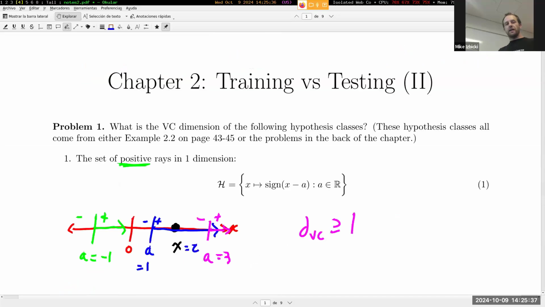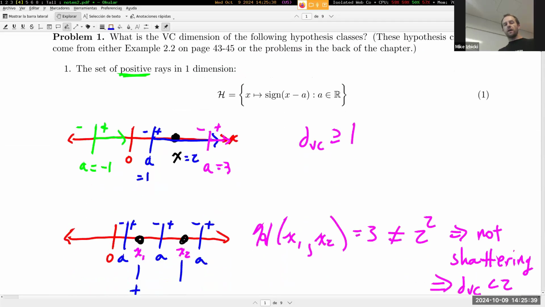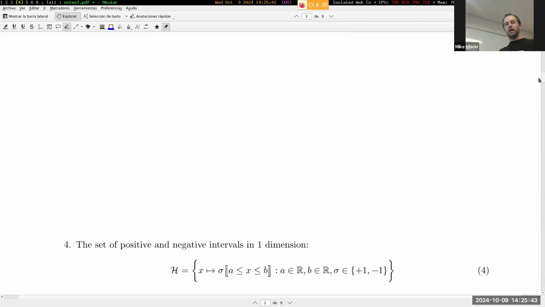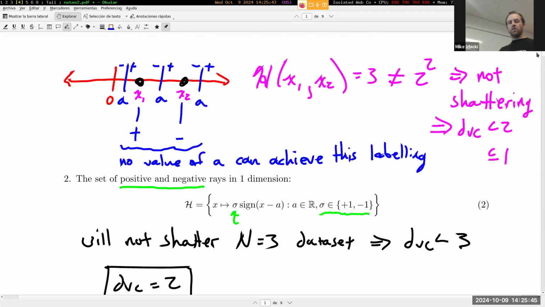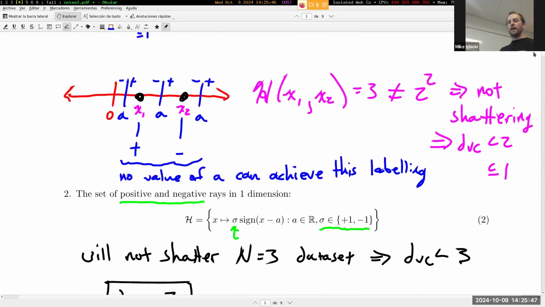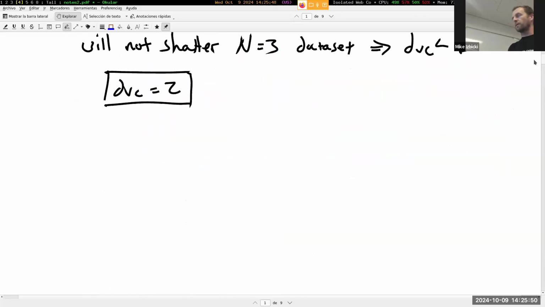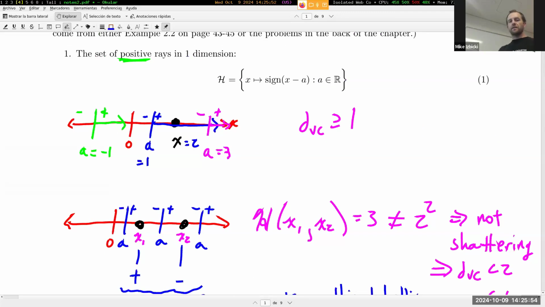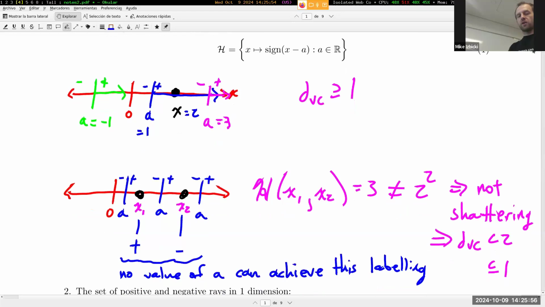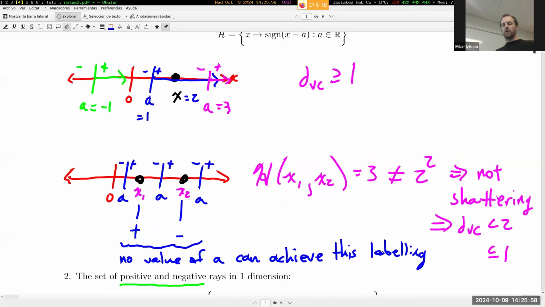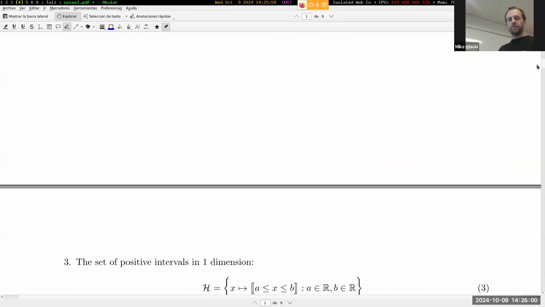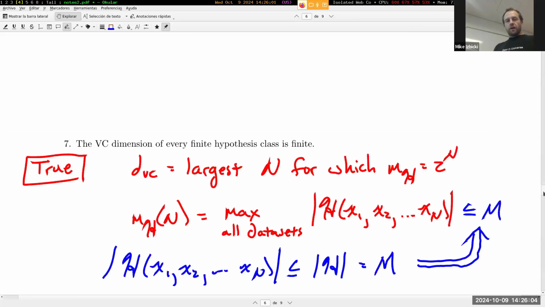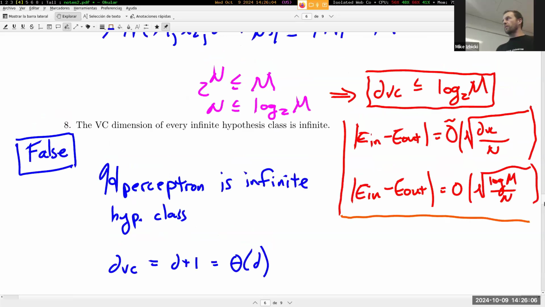But these problem 1 hypothesis classes up here are all also infinite hypothesis classes. And so these could potentially work for any counterexamples for the problems down below. And it's not the case that the perceptron is necessarily the only counterexample that you should be thinking of.